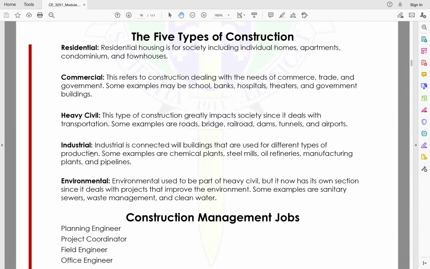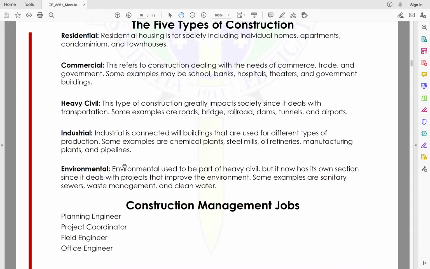Next is industrial. Industrial is connected with buildings that are used for different types of production. Anything that involves manufacturing or production of goods, that is industrial. So you have chemical plants, steel mills or refineries, manufacturing plants, and pipelines. Okay. And lastly, we have the environmental.